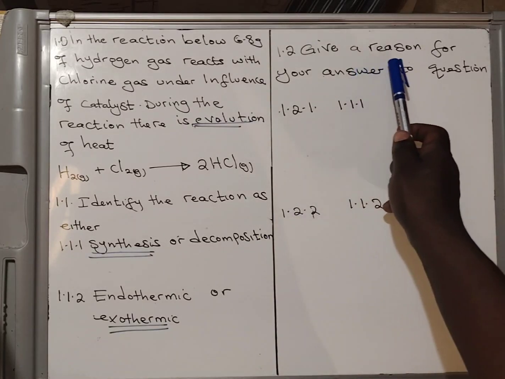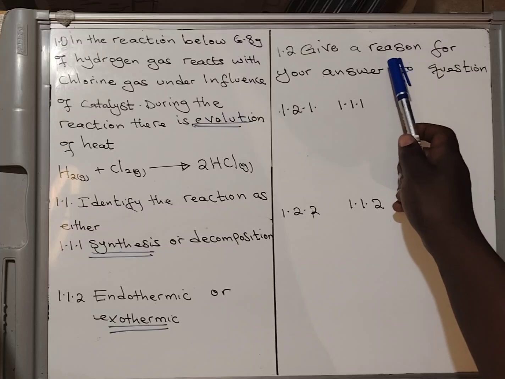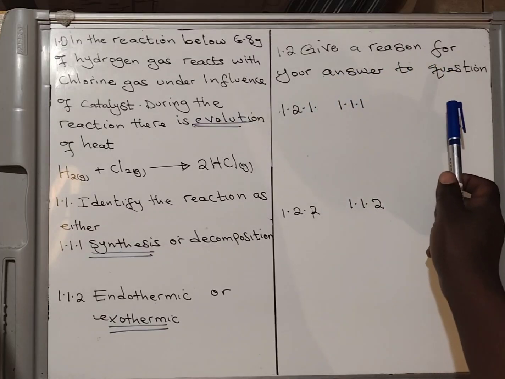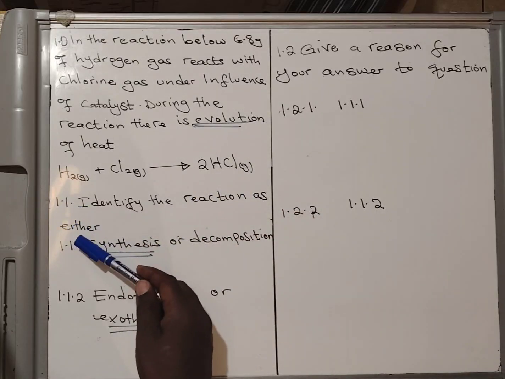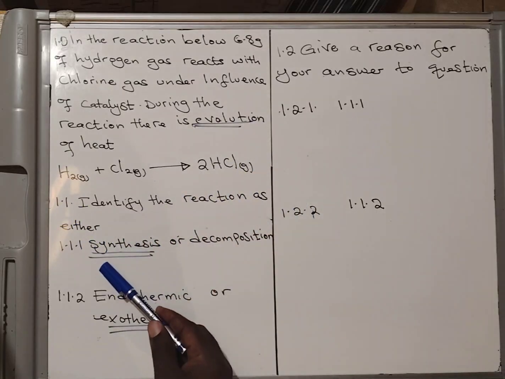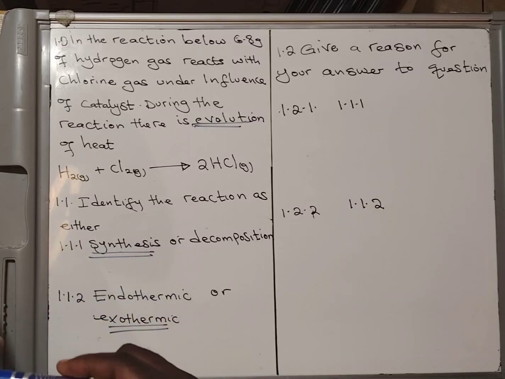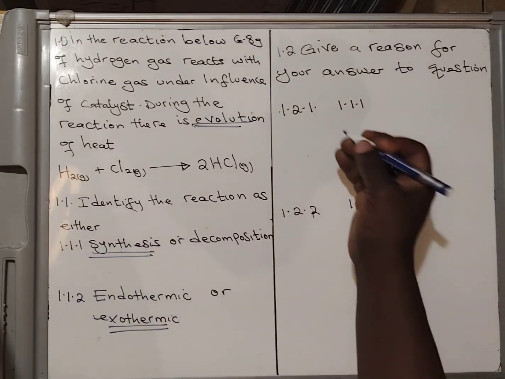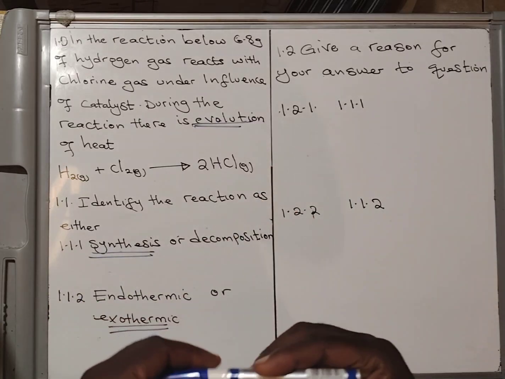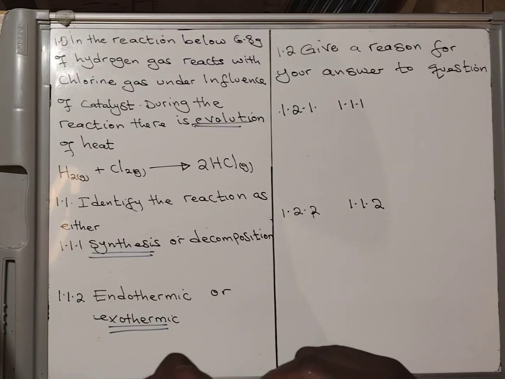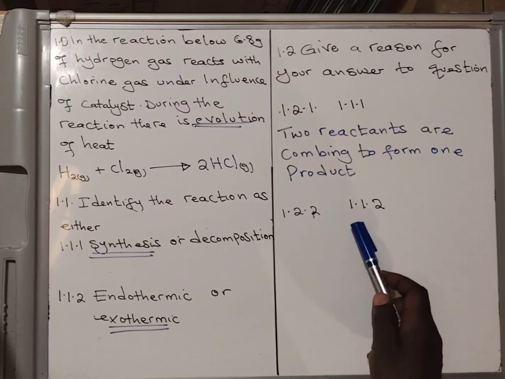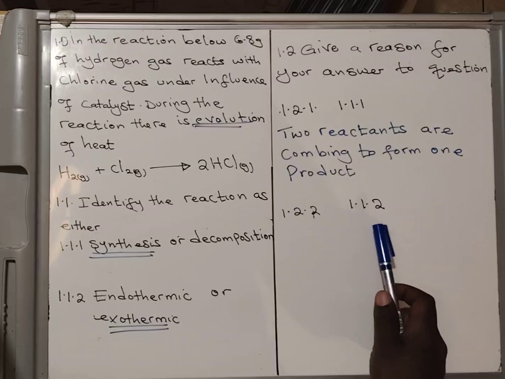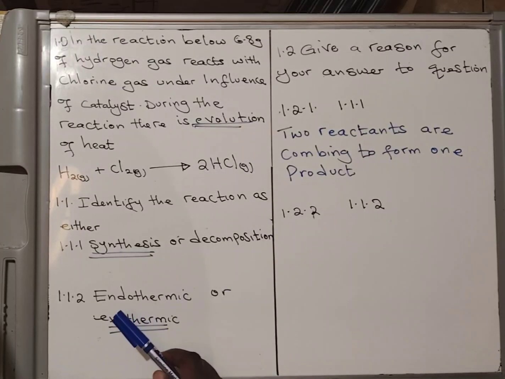So we proceed here. It says, give a reason for your answer to the questions. So this is the question 1.1.1. And we said it is a synthesis, and we gave the reason already. What are we going to say? Two reactants are combining to form one product. Okay, then we go to this reason. This reason is for this one.